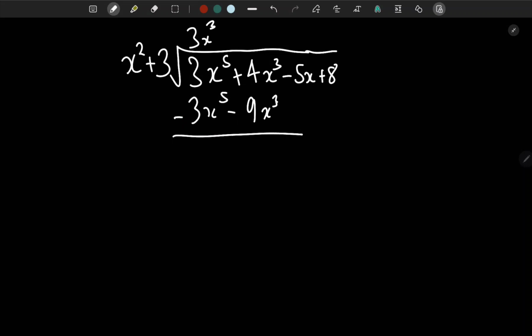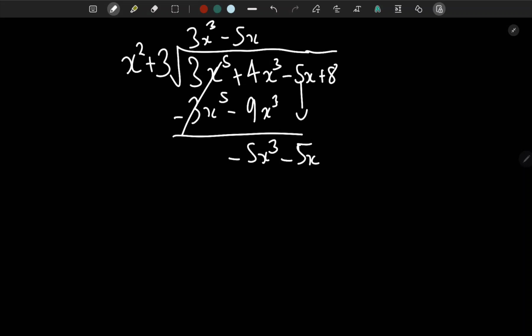And now we subtract, so this becomes 0, and here it becomes minus 5x to the power of 3, and let's bring this down now, so minus 5x. And now let's divide it again, so minus 5x to the power of 3 divided by x squared is going to give you minus 5x, right?